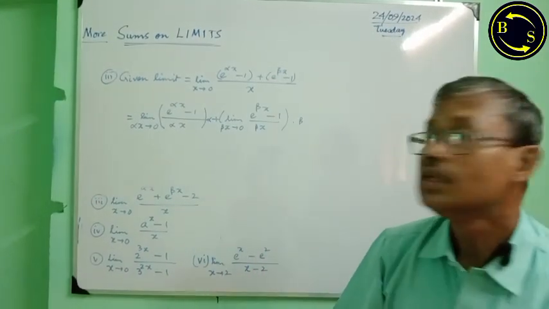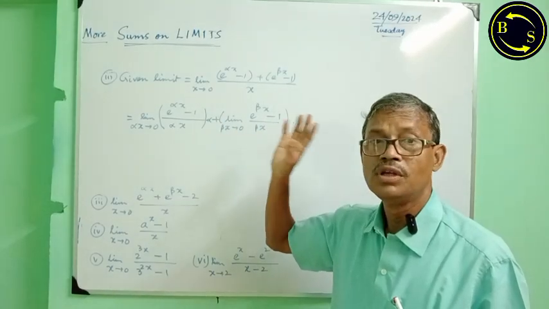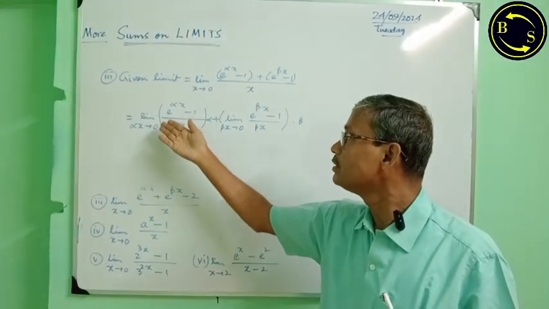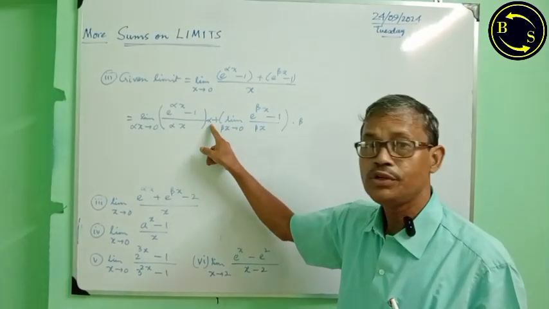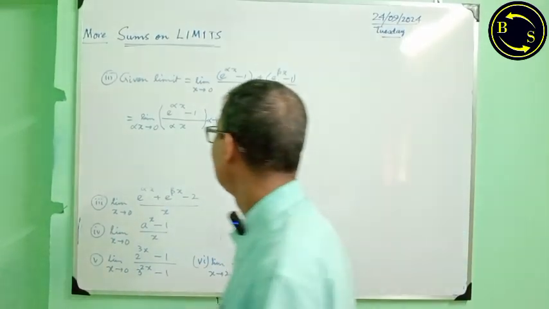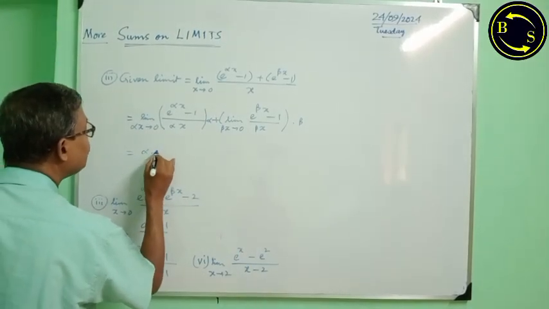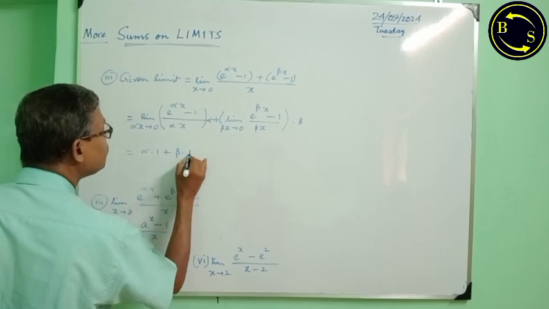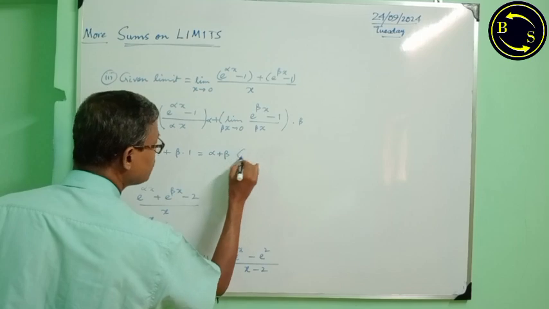You can write also the change of variable taking alpha x equal to new variable say y, and you can write that limit y tends to 0 e to the power y minus 1 divided by y whole into alpha, like this. Therefore finally alpha into 1 plus beta into 1, result is alpha plus beta. That is the answer.